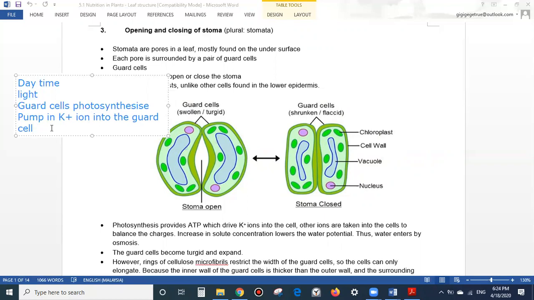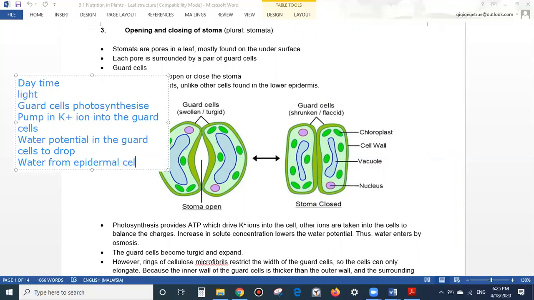When potassium ions move into the guard cells, this will cause the water potential in the guard cells to drop. When water potential in the cells drops, water from, in this case, the epidermal cell, will move into the guard cells via osmosis.